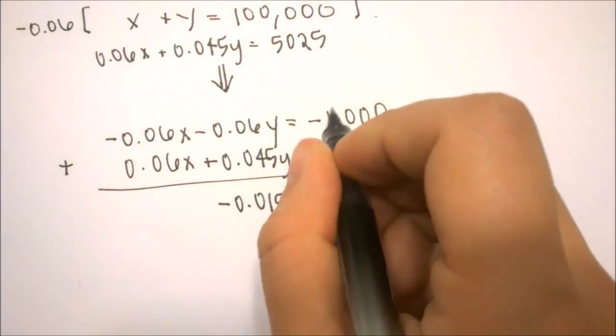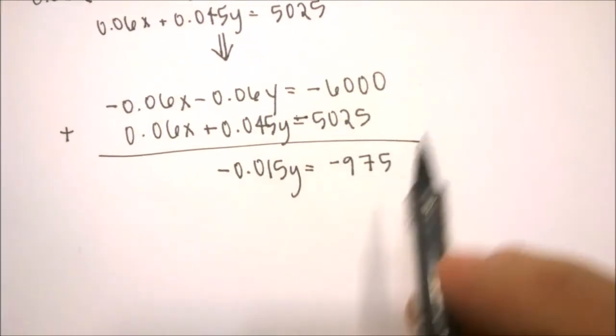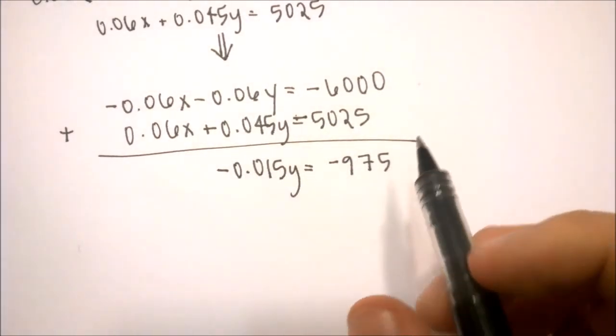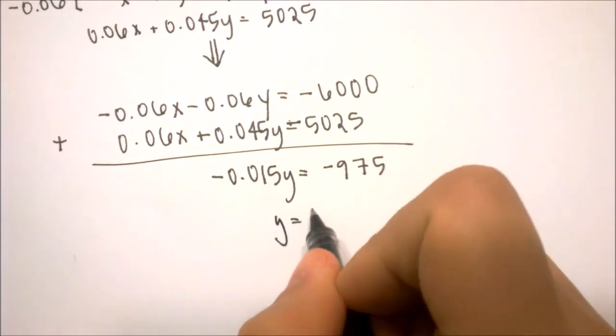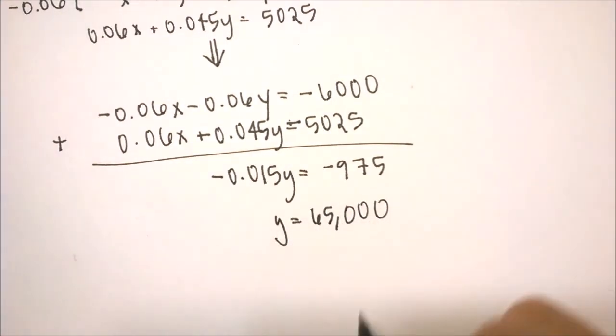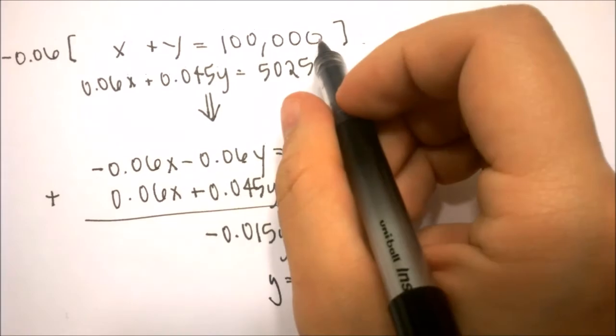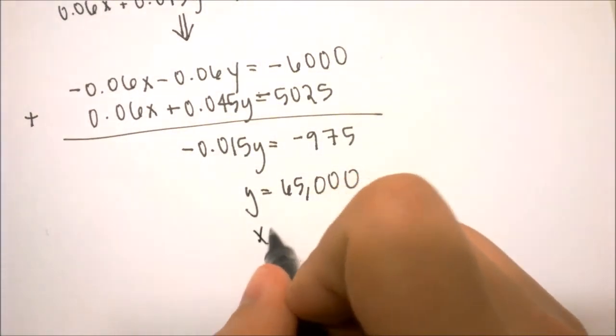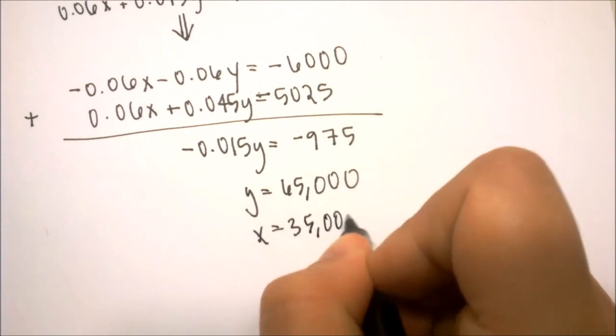And then if you just divide by negative 0.015 on each side, it gives you y equals 65,000. And then you just substitute that back into any of your original equations, and you'll get x equals 35,000.